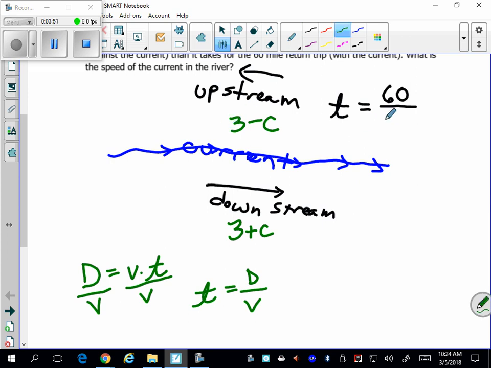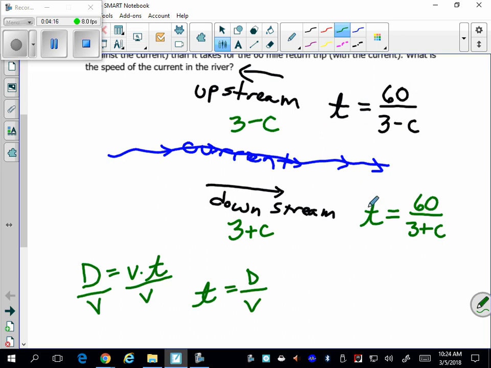So 3 minus c. In our downstream, our formula is time equals, again 60 miles, divided by our velocity or speed, which is 3 plus c.